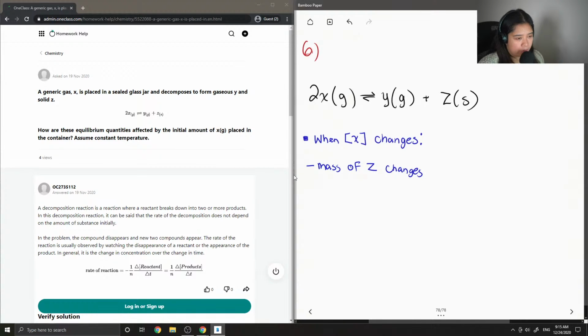Obviously, because the more X you have as a reactant, the more Z solid can be produced. So when the concentration of X changes, then the two gases, X and Y, their concentrations change as well. So obviously for X, that will change, and the concentration of Y at equilibrium changes.